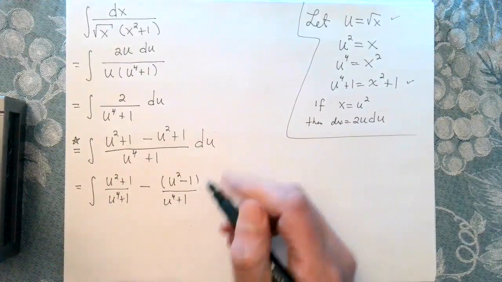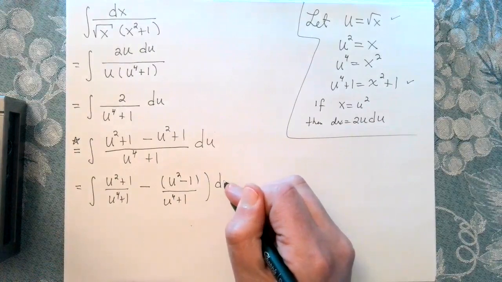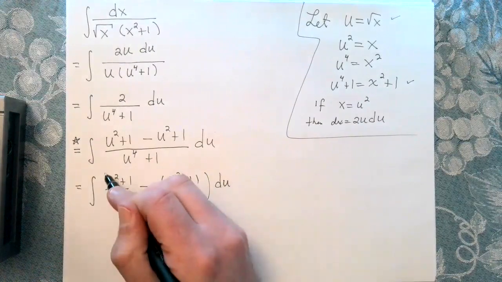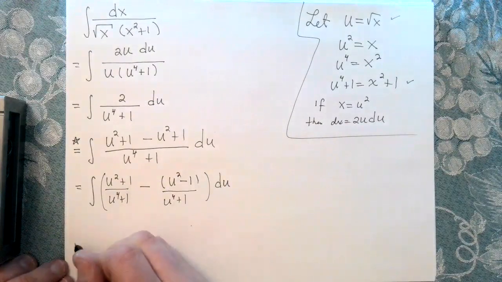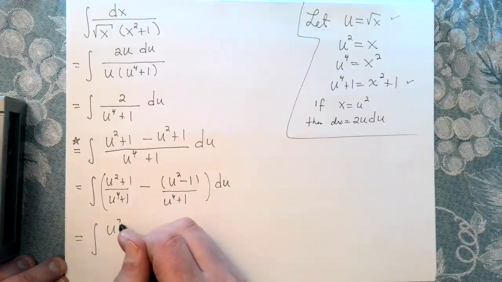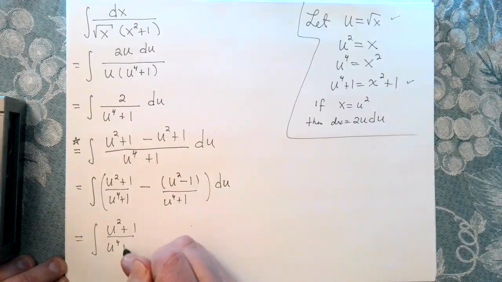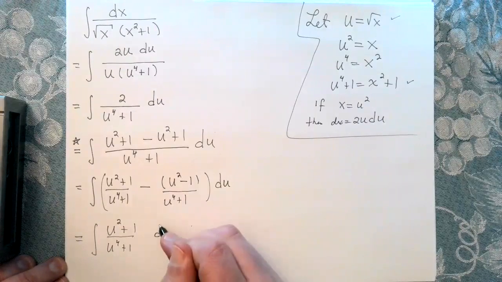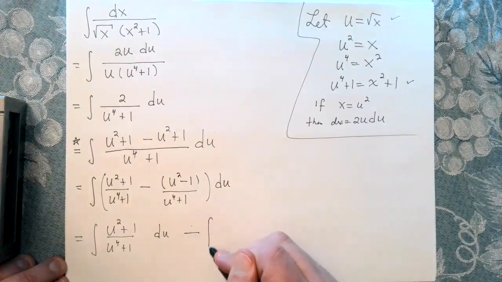So just sort of common denominators in reverse. Instead of putting two fractions together, I just split them apart. And I'm probably going to split these into two separate integrals. Give myself a little room for du because there's a bit of algebra that I want to do in just a moment.